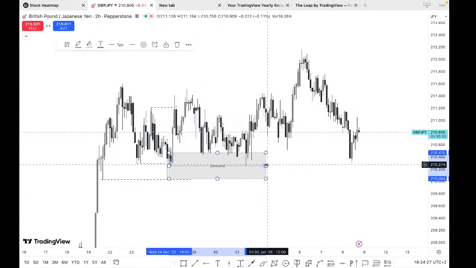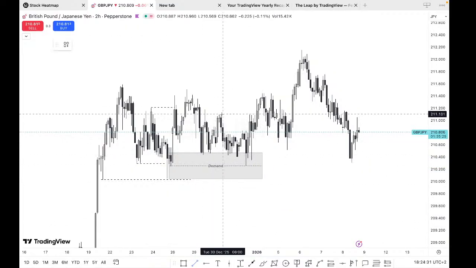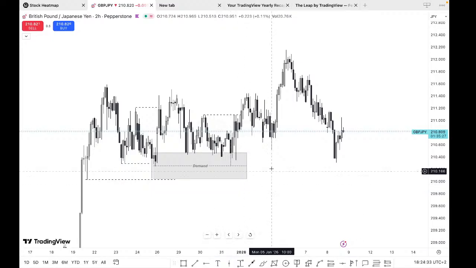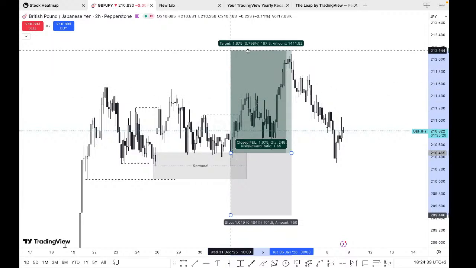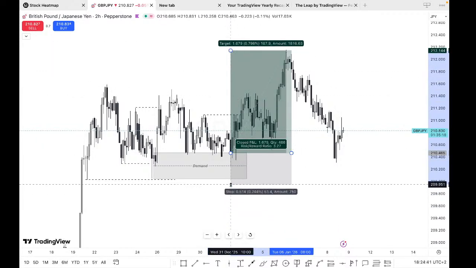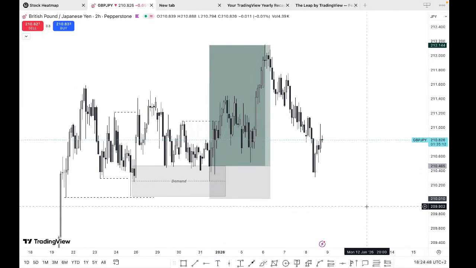And then the market advanced towards the upside, giving us an LRA, which is this area of interest, and someone could have taken these buys towards the upside. 100 pips clean, so this is a 1:2 trade.